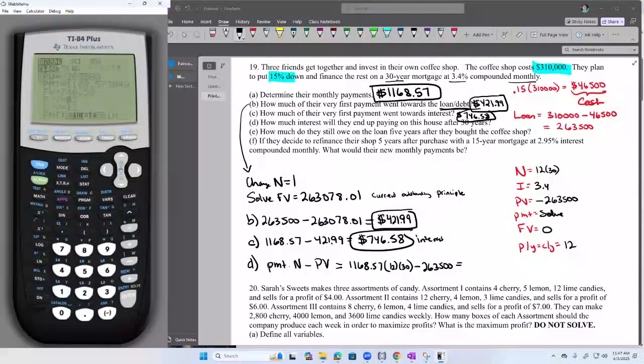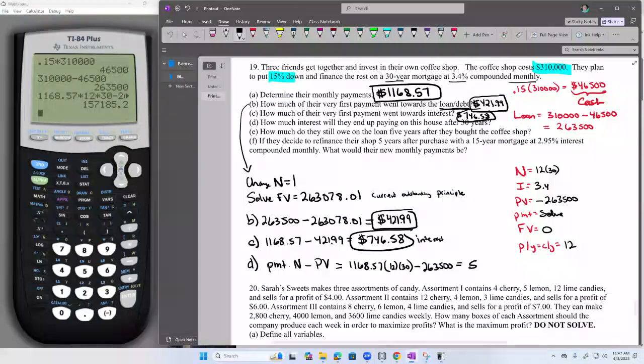So $157,185.20 is how much interest they will end up paying.